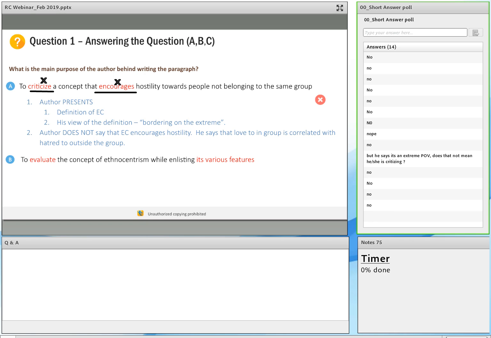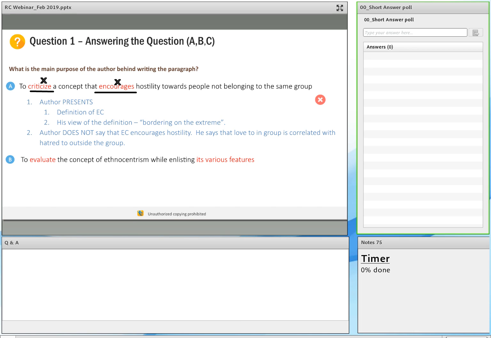Choice B says to evaluate the concept of ethnocentrism while enlisting its various features. Now, what does the word evaluate mean? Evaluate is actually weighing pros and cons.